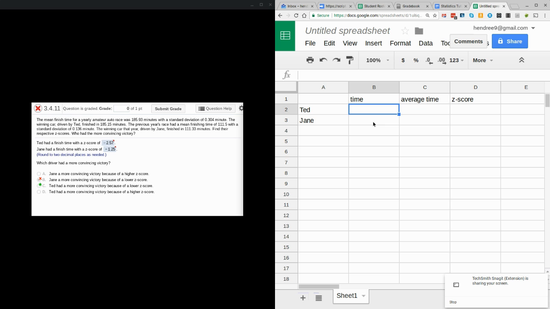Another example might be, if I race in a race and I do well, but then my son also races in a race and he does well. Well, I'm of course going to be faster because I'm an adult and he's a kid, but we can actually compare adults and kids if we use the z-score by showing how much above the average I was and how much above the kid's average my son was.